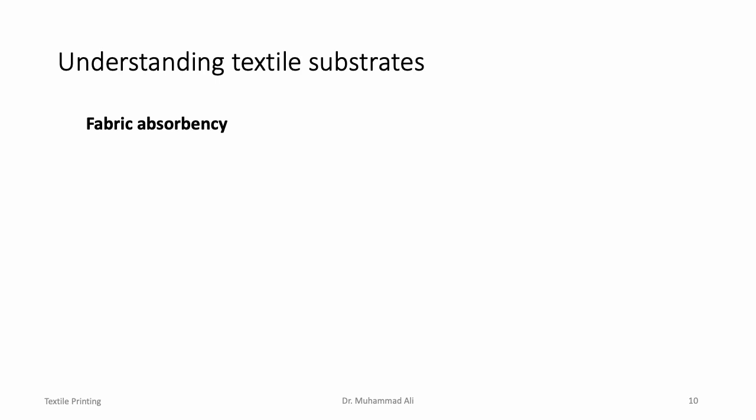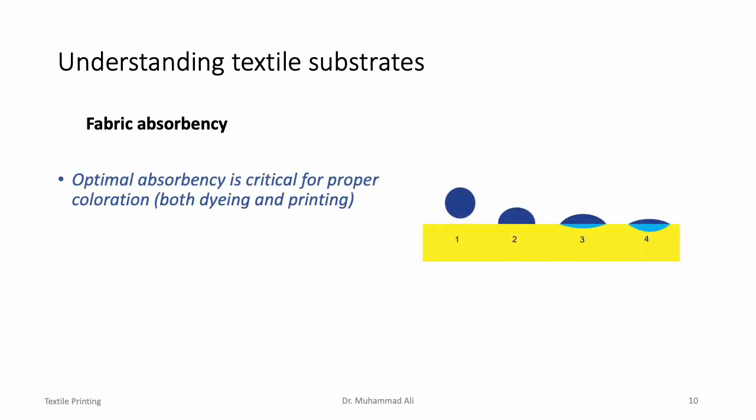Let's talk about fabric absorbency now. Optimal absorbency of a textile fabric is crucial not only for dyeing but for printing as well. As you can see in the image here, the droplet number 3 has not been absorbed to a greater degree into the fabric, while the droplet number 4 has absorbed to a greater degree into the fabric. In the context of printing, this is very important because it affects the fastness properties of the print, and it also affects the color brilliancy of the print.